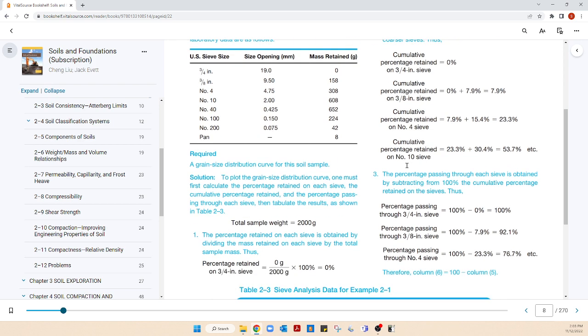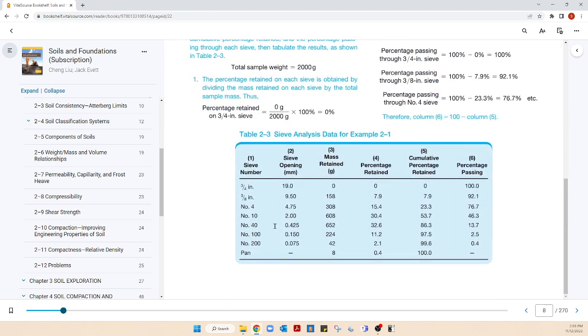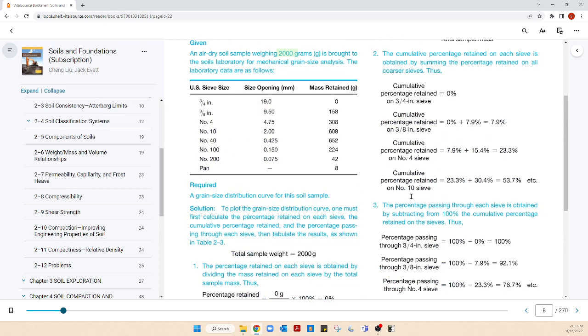Then number 10, when you go down here, look at the number 10 sieve, you'll see that it had 30.4% retained plus, I think we've already done this, maybe not, 30.4 plus 23.3 is 53.7. I think we did that already.